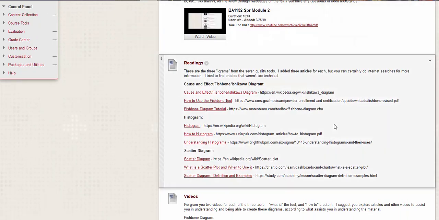Okay, so in your readings, what I did was I added 3 articles for each type of homework. The cause and effect fishbone, also called an Ishikawa diagram, so I found 3 for that, 3 for the histogram, and 3 for the scattergram.